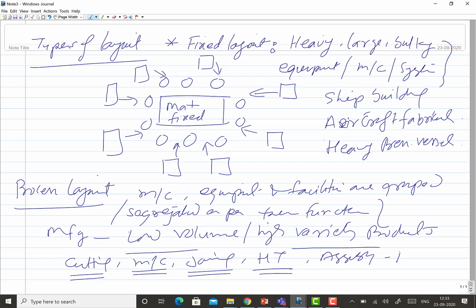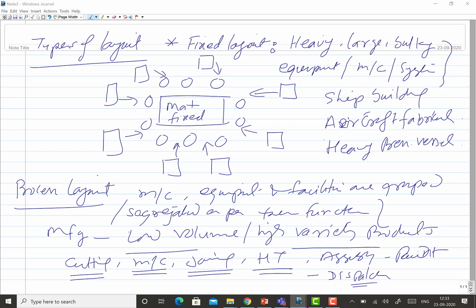Then there can be the assembly section, the paint shop, and finally dispatch. So depending upon the kind of function, the different machines and facilities are arranged.